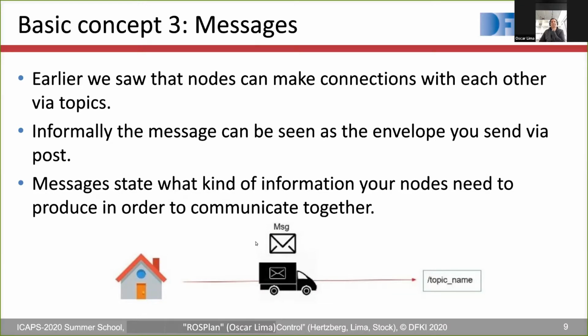A message will just state what kind of information your node needs to produce. Does your node need to produce, like I said, a combination of an integer and a string, or maybe everything that you need is just a string to communicate through the topics, or maybe some more complex thing like an image or laser scanner data or something like that.